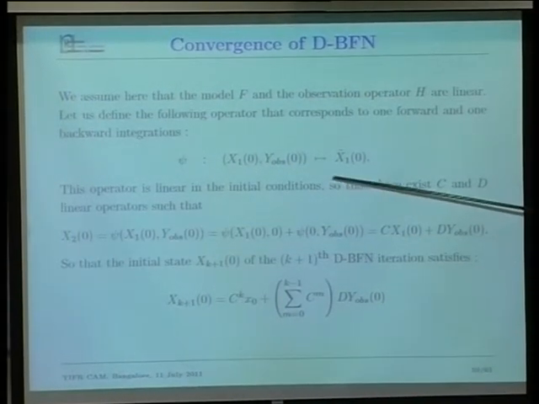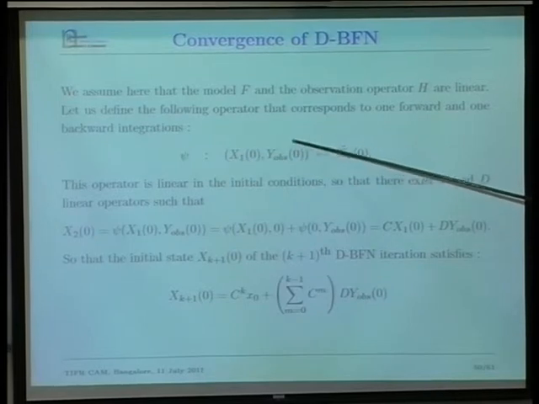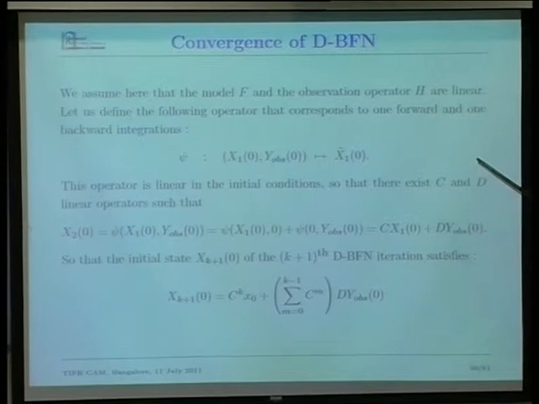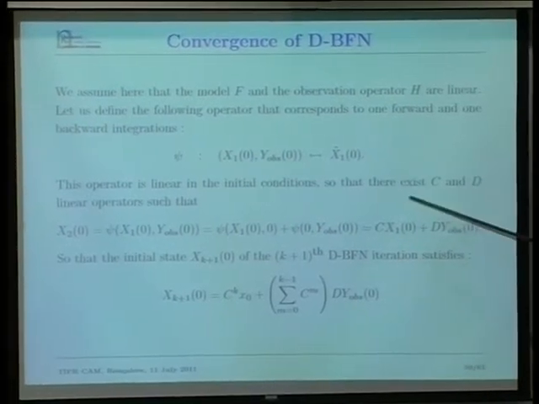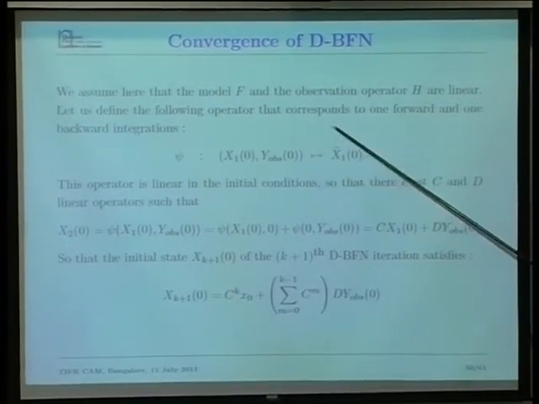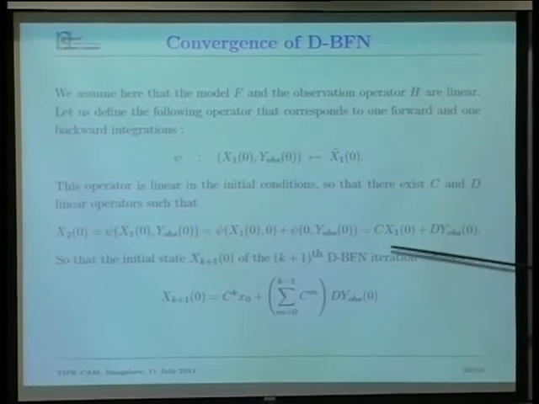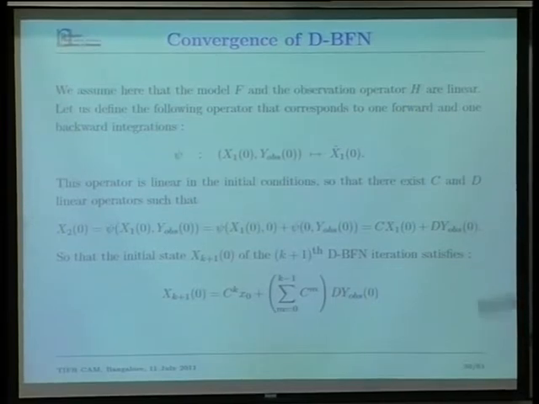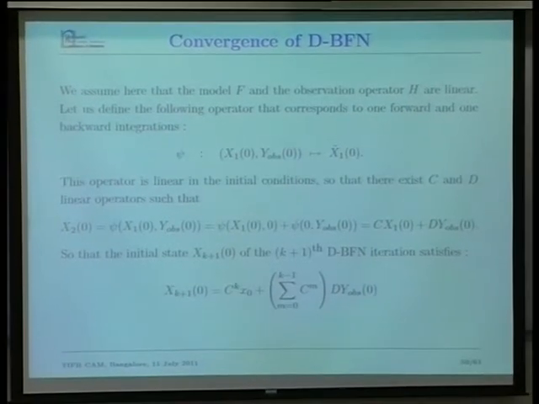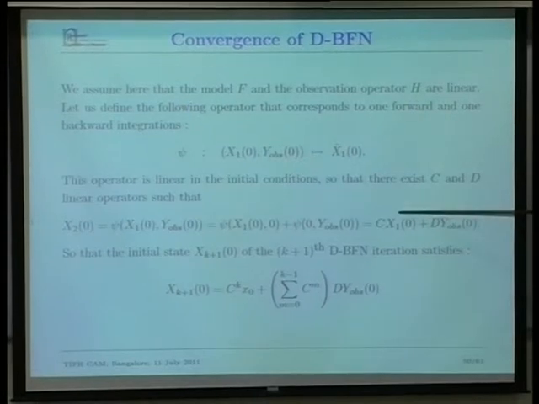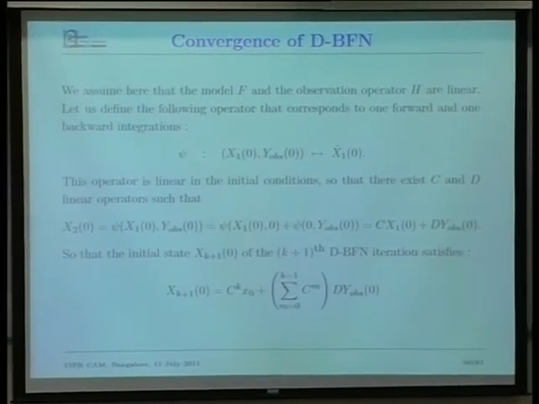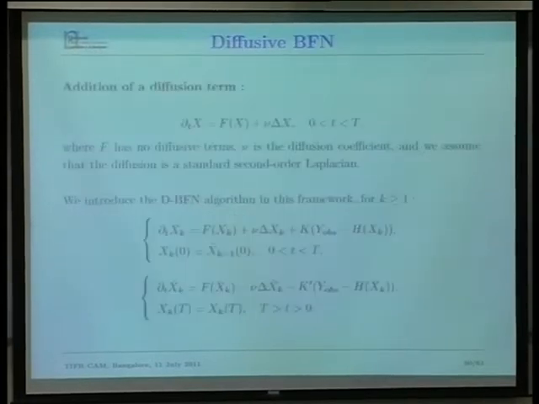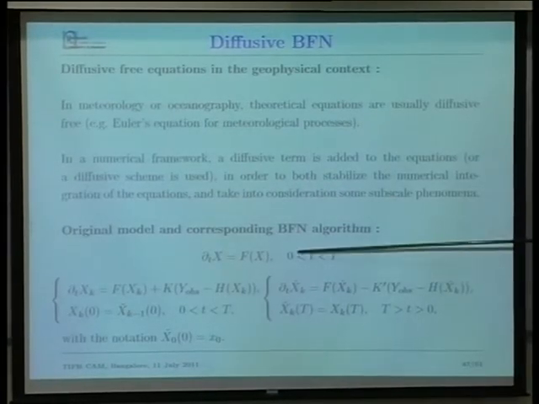The idea is that this operator is linear in both x1 and the observation, so that there exist two linear operators C and D, such that the solution you get after one iteration is a linear combination of the initial condition and the initial observation. So you can iterate this, because we assume that the observations are a solution of this.